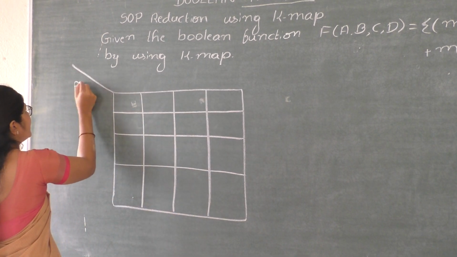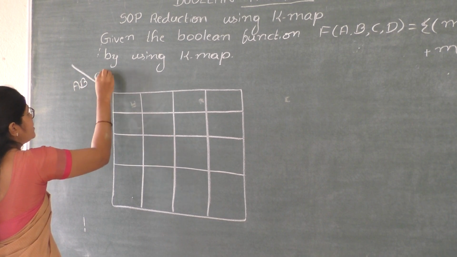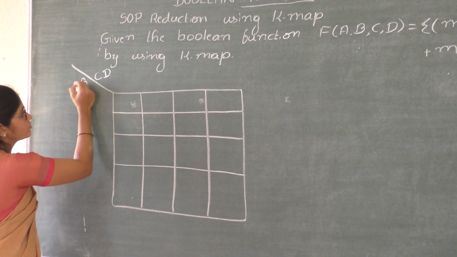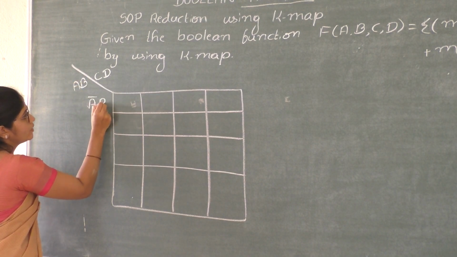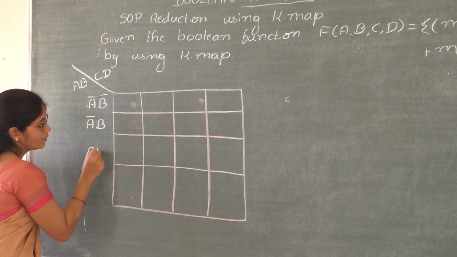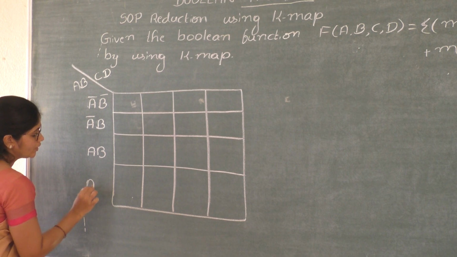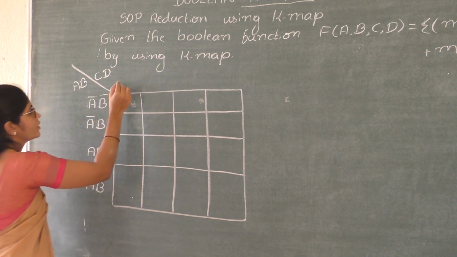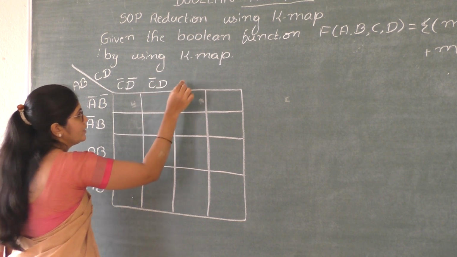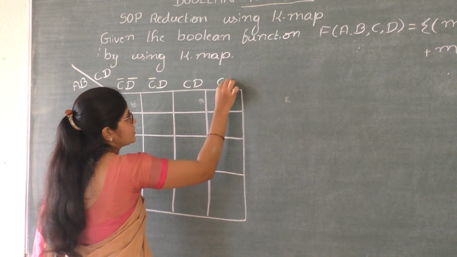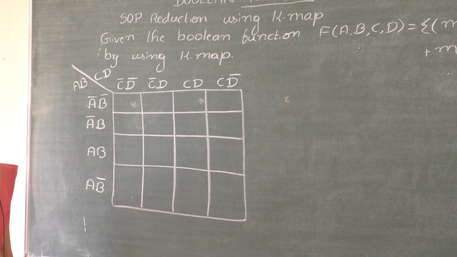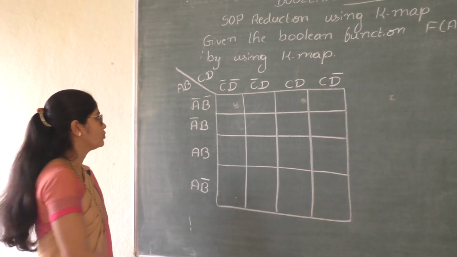Variables are A, B, C, D. A bar B bar, A bar B, A B, A B bar, C bar D bar, C bar D, C D, C D bar. In minterms or in SOP, complemented variable denotes a 0.